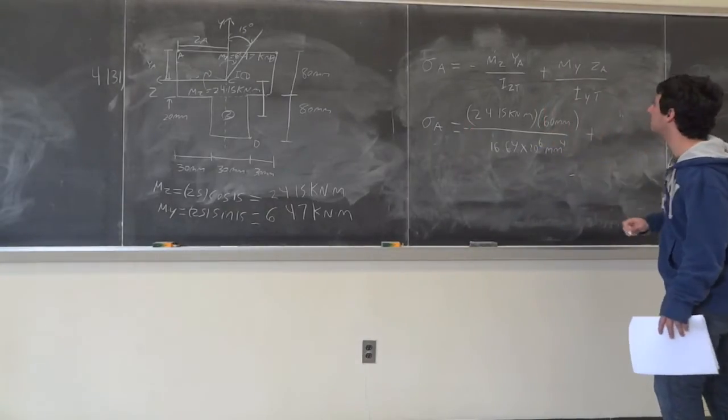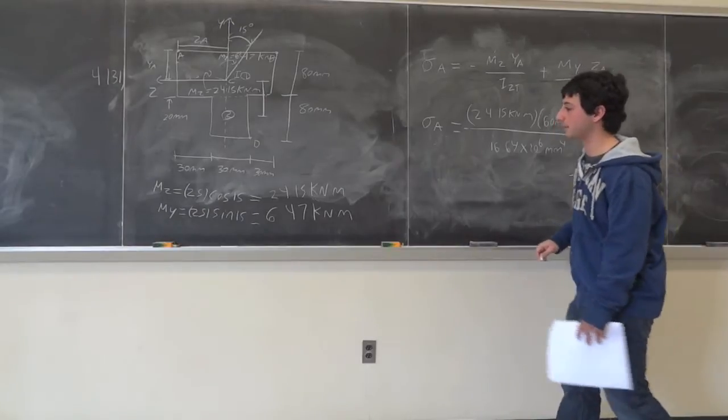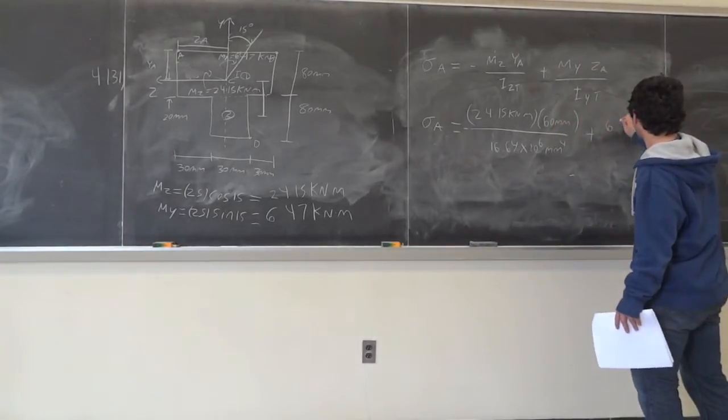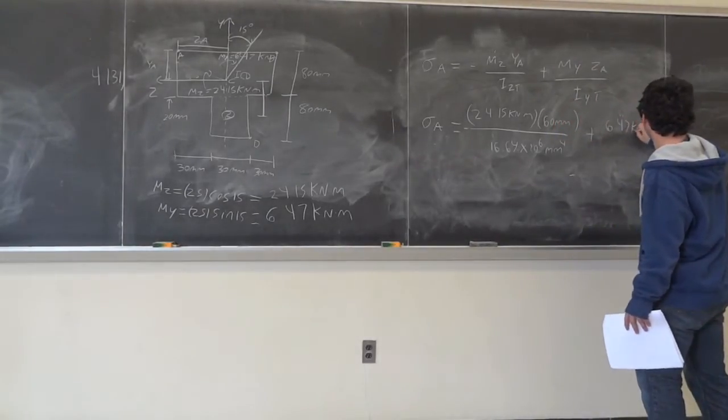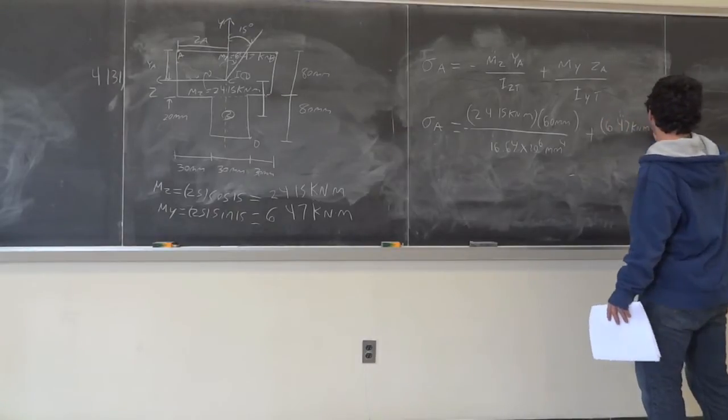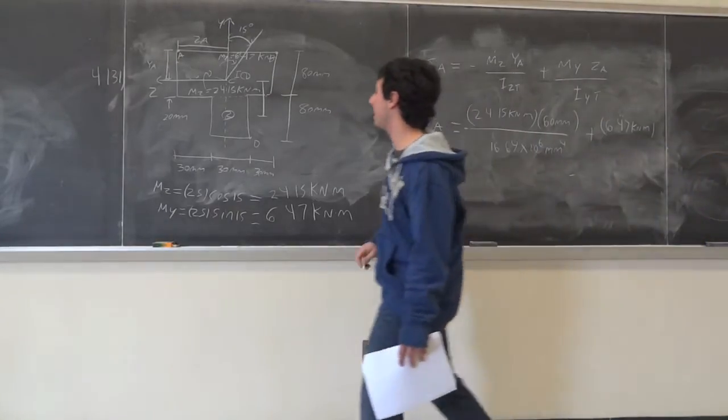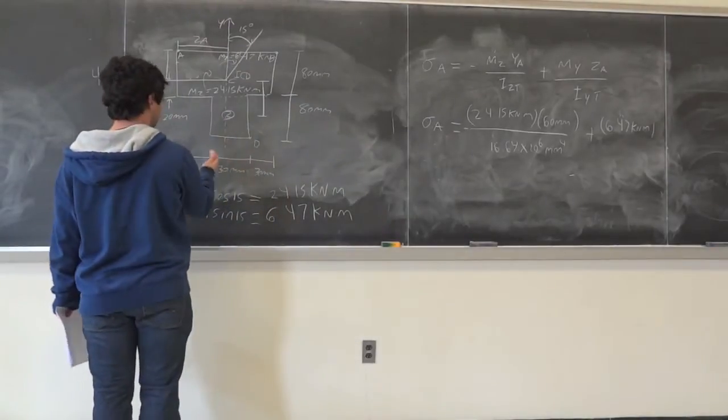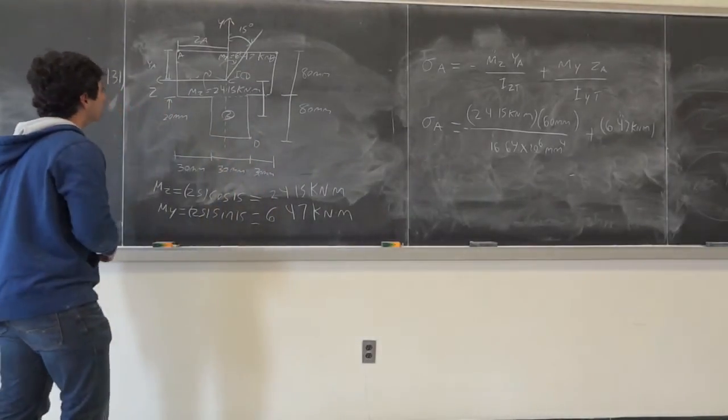Okay, and then you have plus this term, which is My, which is 6.47 kilonewton times a meter. The distance ZA is what? It's just half of this distance. It's 90 divided by 2, right?